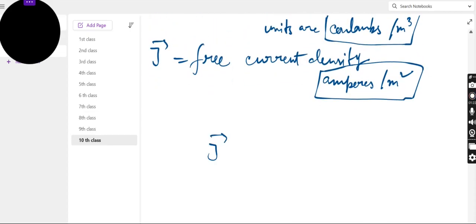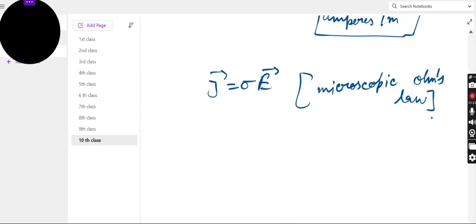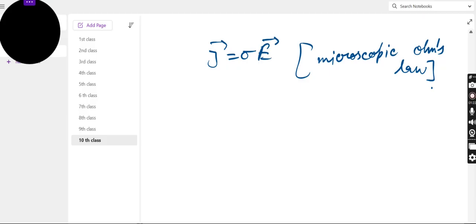And J is also connected to sigma times electric field E. That is, from microscopic Ohm's law, we get this law. You will not see this equation in this course, but that is also there. So sigma is called electrical conductivity.